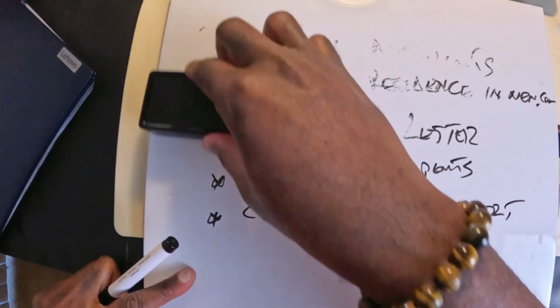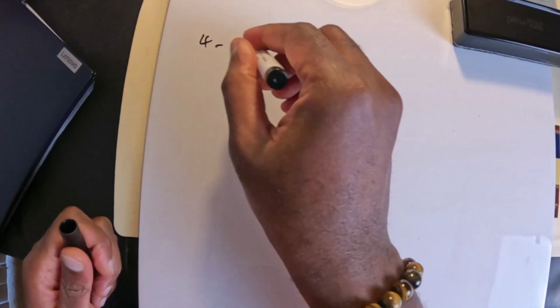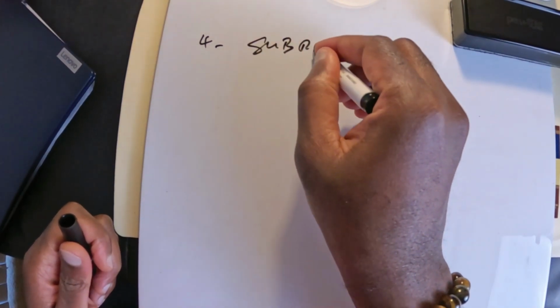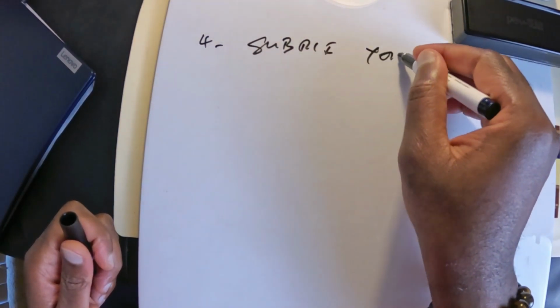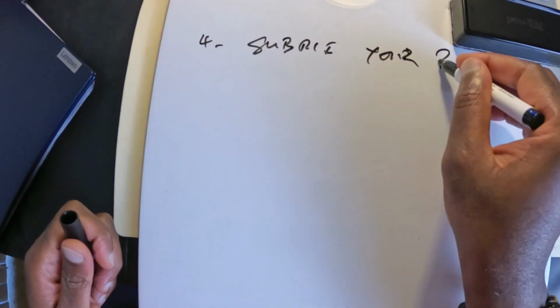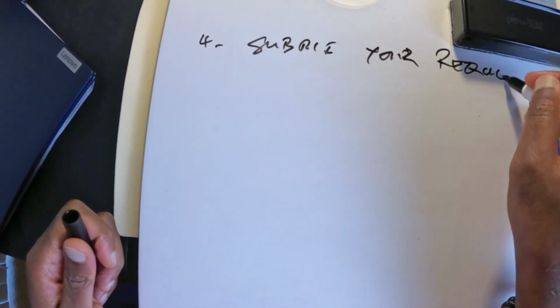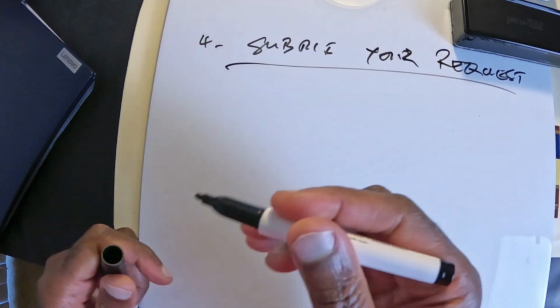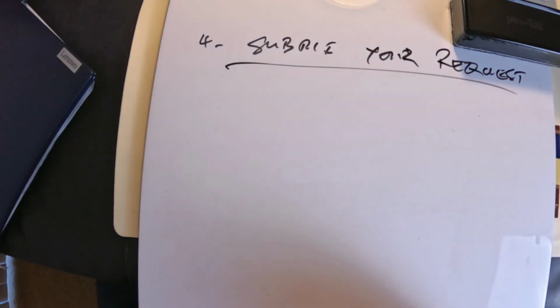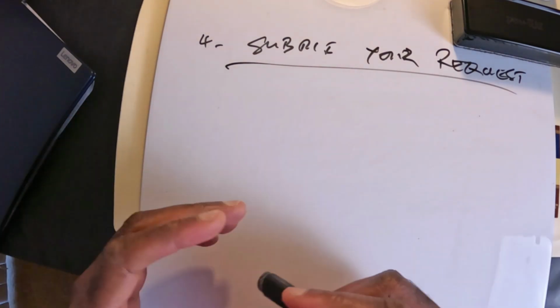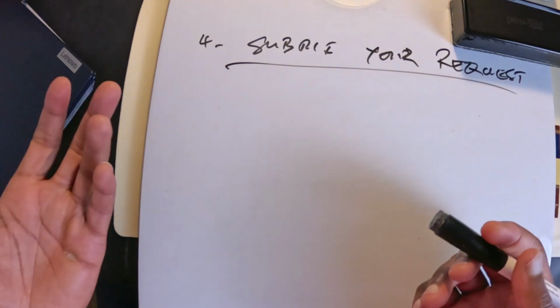And then the fourth step is to submit your request. Okay, you have to submit your request. So you need to send the request and document to the U.S. Consulate or NVC.